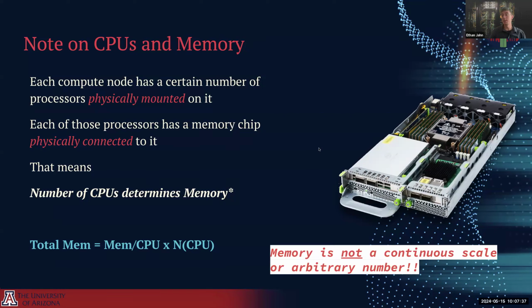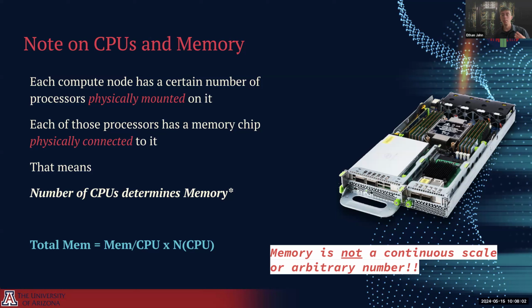So what this means is that memory is not a continuous sliding scale or an arbitrary number. It doesn't mean that you can put in any old value and expect it to work exactly as you expect it to. It means that we have to think about the number of processors that we're requesting, the amount of RAM per processor, and then figure out the total memory based on that. And sometimes different jobs have different limitations.